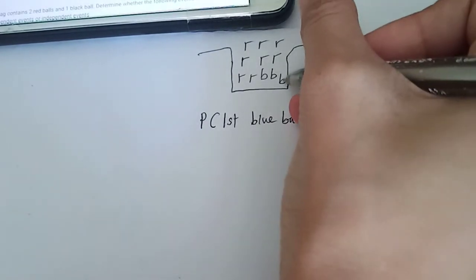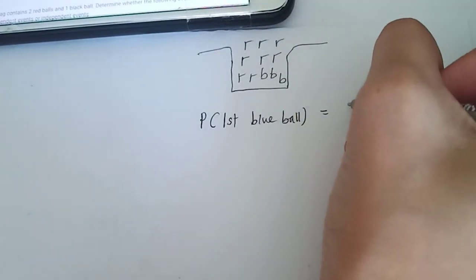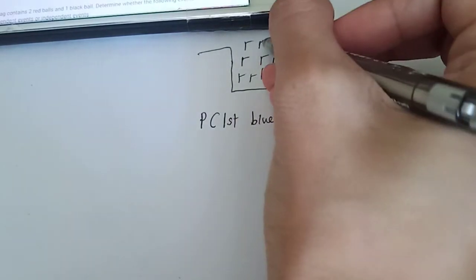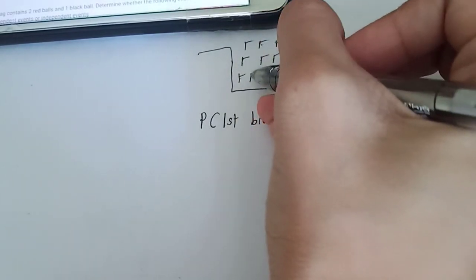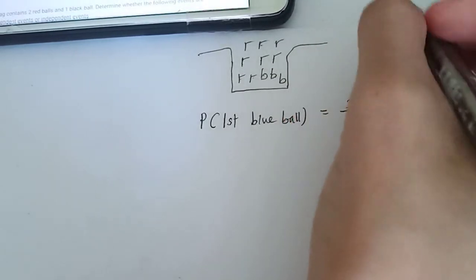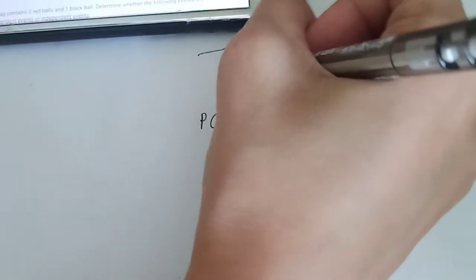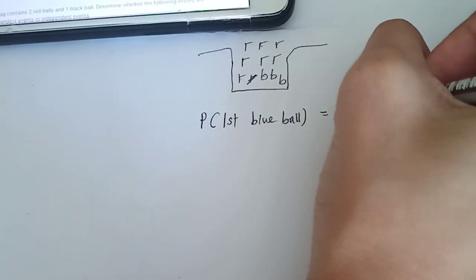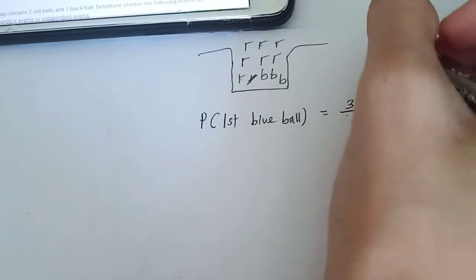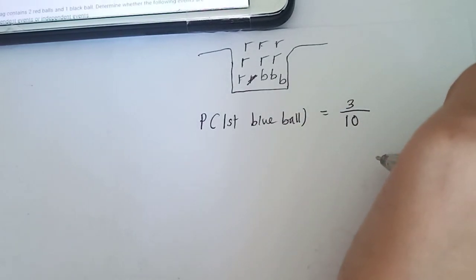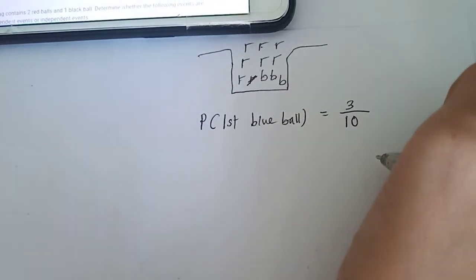How many blue balls do I have? 3. How many total balls inside? Should be 7 red balls, sorry. So total 10. 3 over 10. This is the probability of getting the first blue ball.